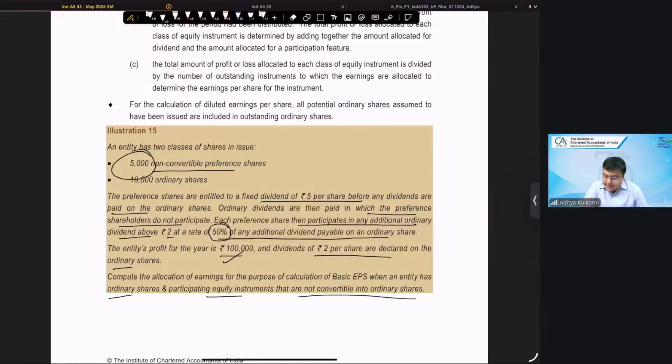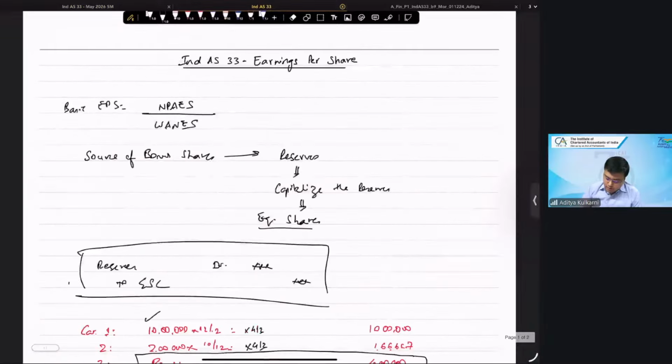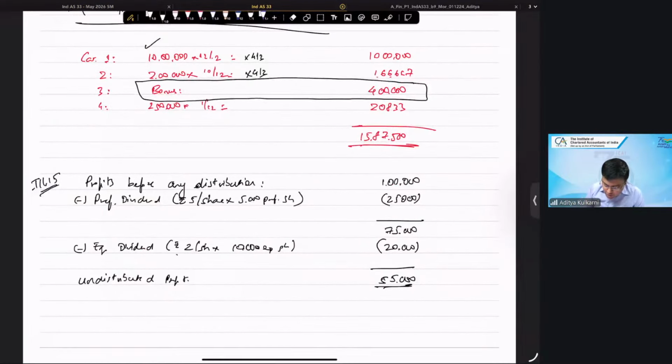If undistributed profit per share is 4.4, above 2 is 2.4, no, sir? See, in this, the 2 rupees I have already removed. I started with 1 lakh. First of all, preference dividend went at 5 rupees per share.